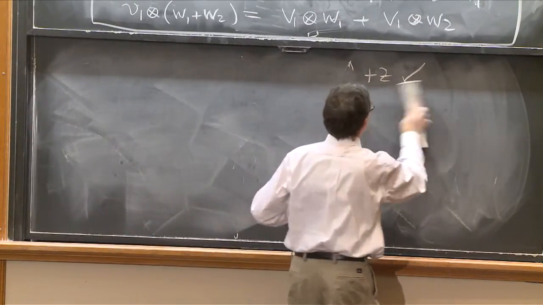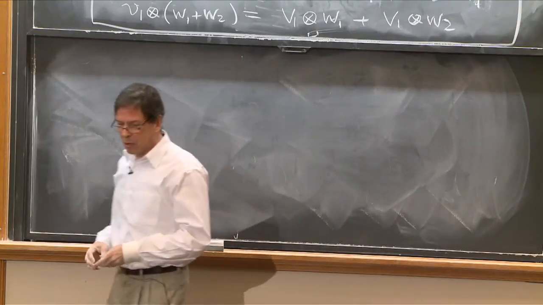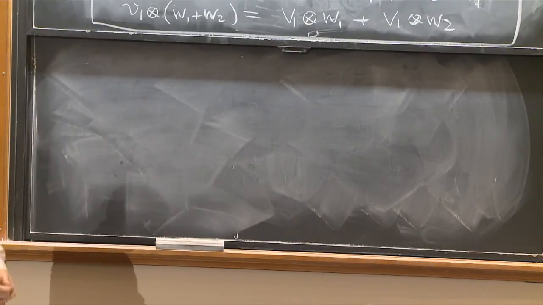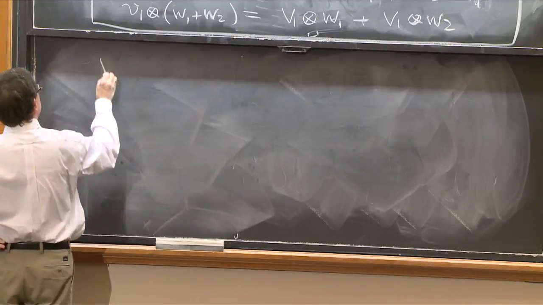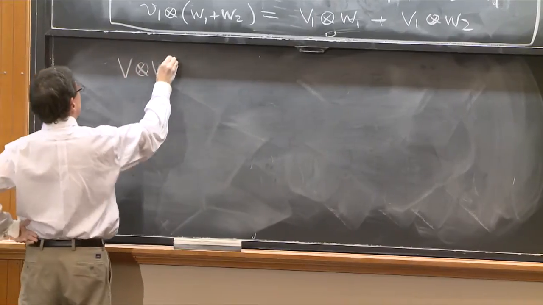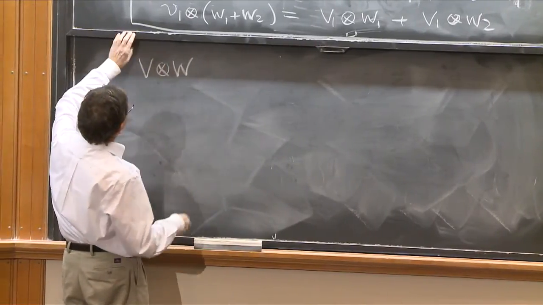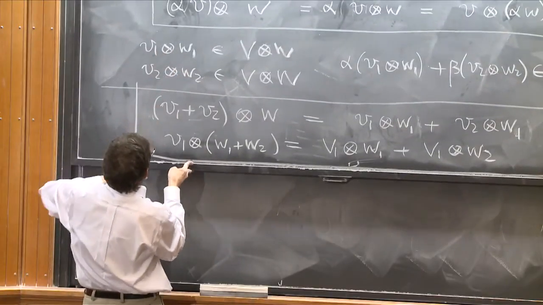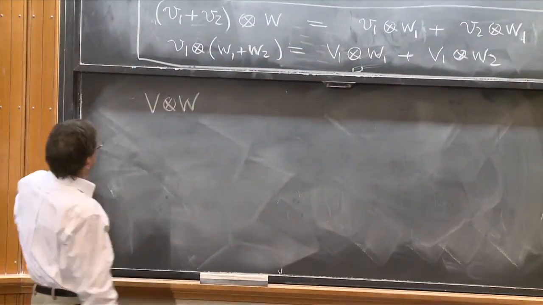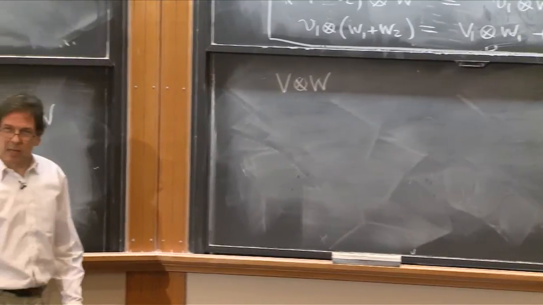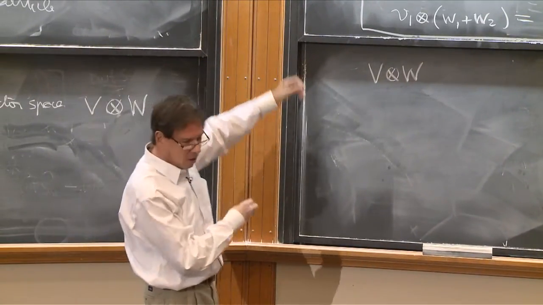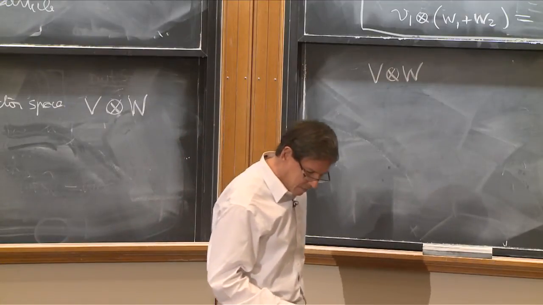Let me add some intuition to this by stating the following. What is the space V tensor W? It is the space spanned by things like this. With these rules, here comes the sort of thing that puts it all together.